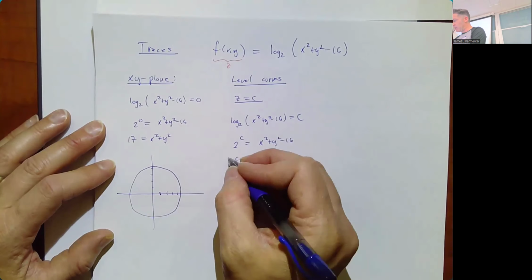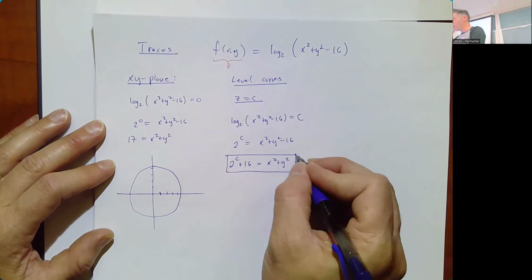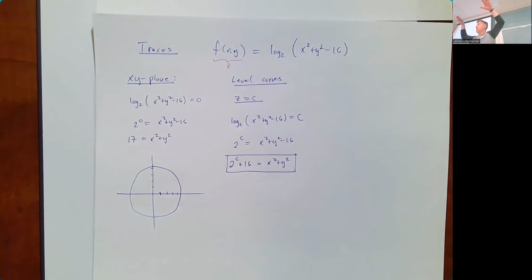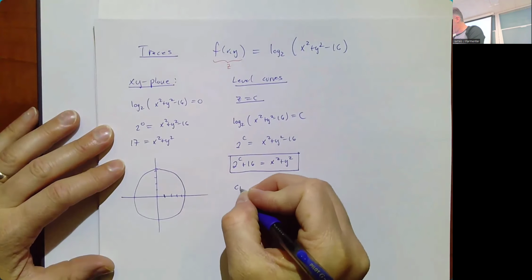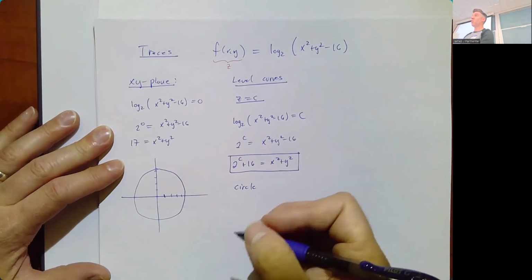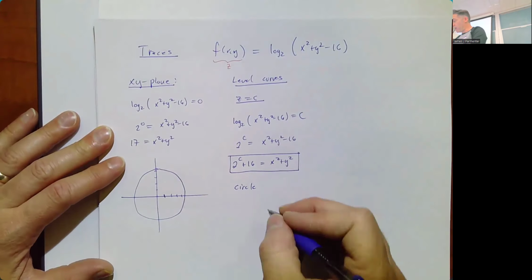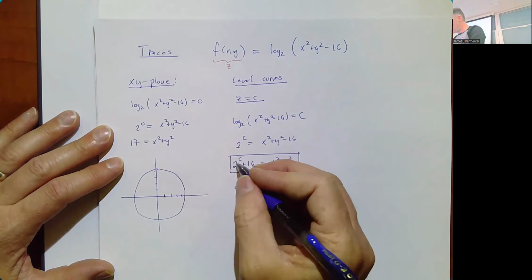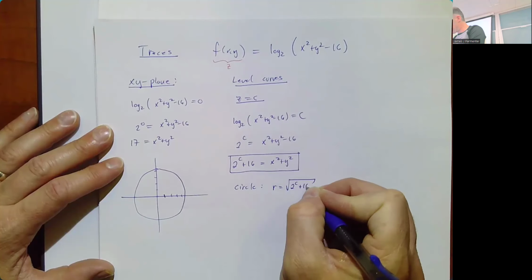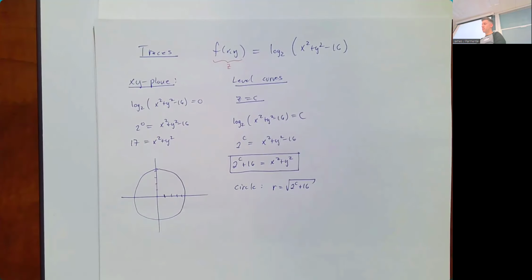So what I'm seeing here is that if I go up to an elevation of C, then my level curve is going to be a circle centered at the origin. And the radius is going to be the square root of 2 to the C plus 16. Just like it was here.